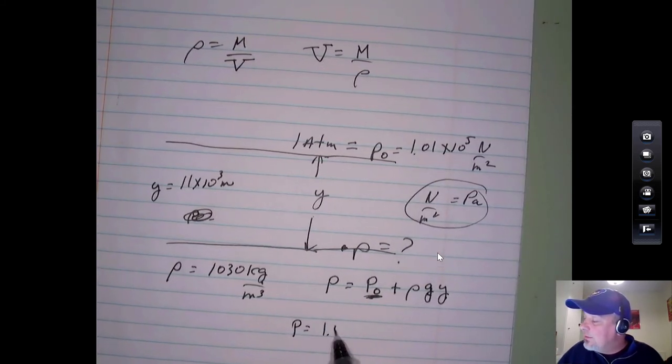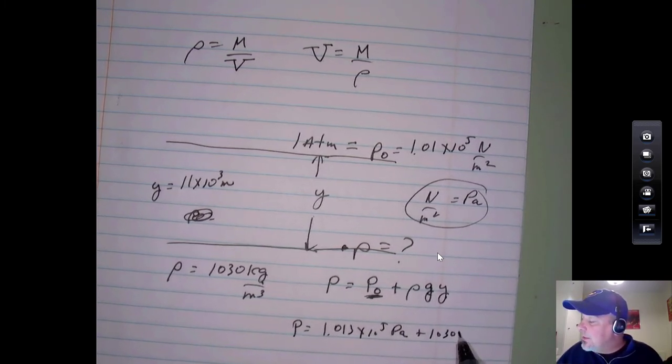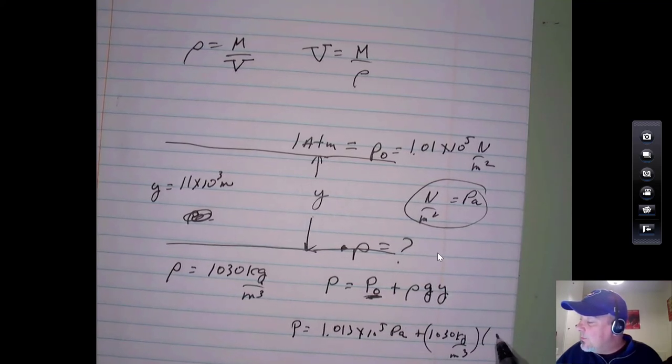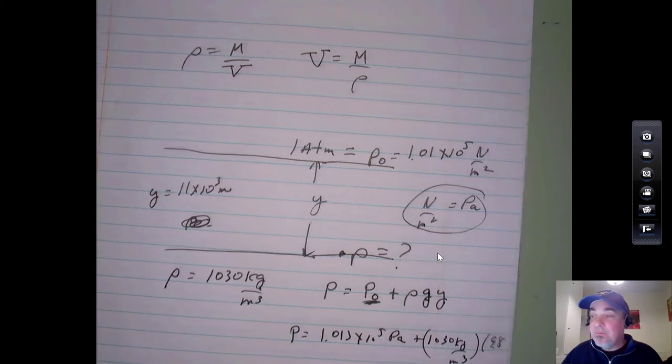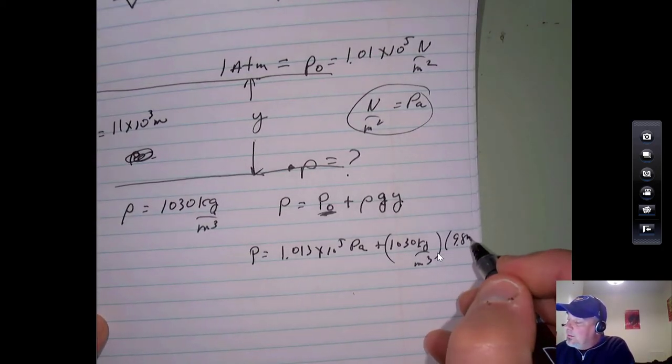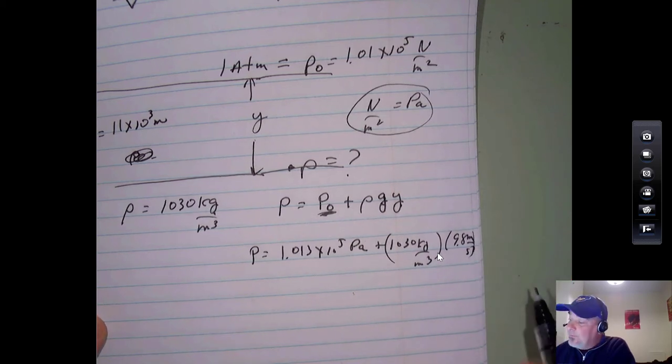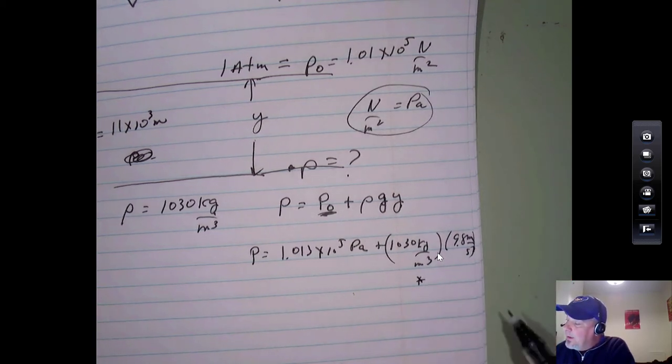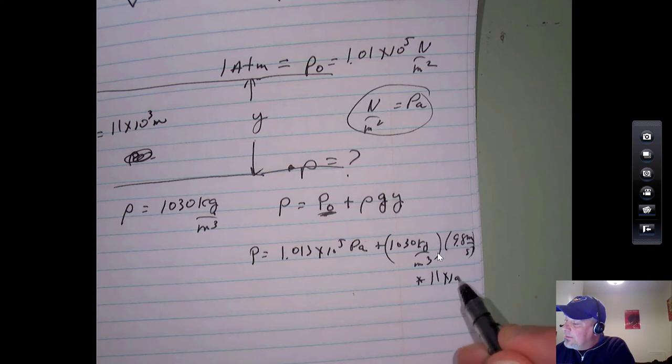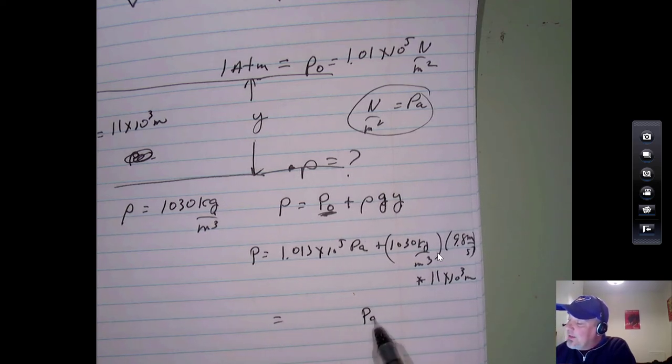Putting it all together: 1,030 kilograms per cubic meter times 9.8 meters per second squared, and then times 11 times 10 to the 3rd meters. I'm running out of room. You'll get this answer, and it will be in pascals.